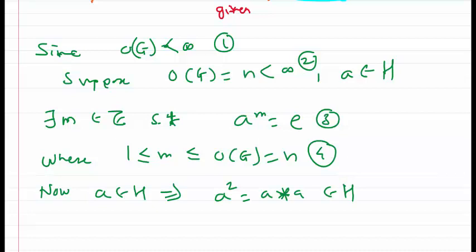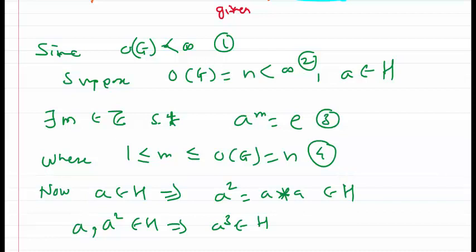But if A square is not equal to E, again A into A square belongs to H, implies A cube belongs to H.